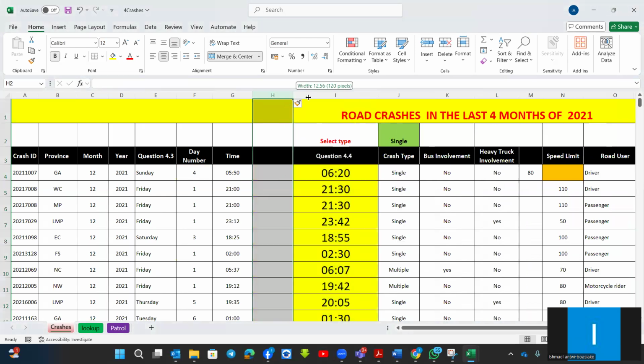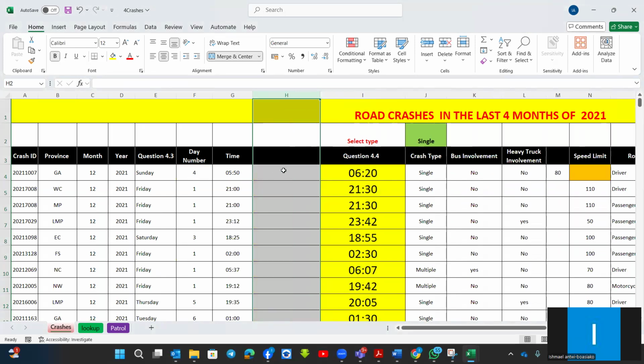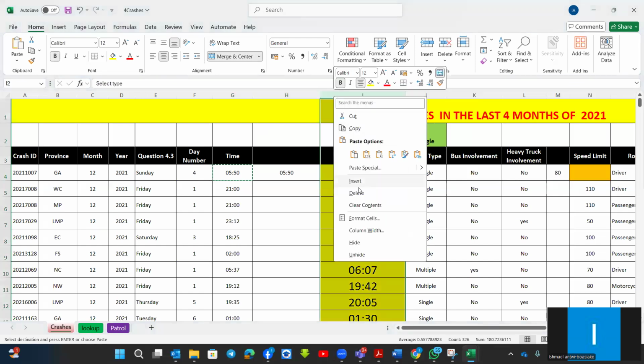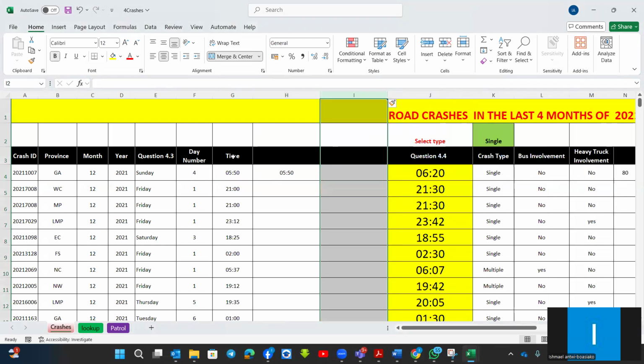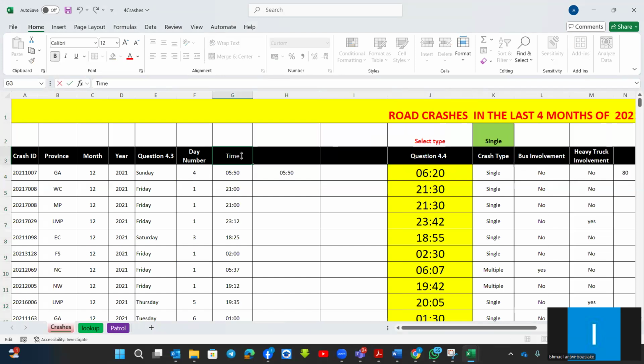Now, what if you are given a time and asked to calculate the number of hours? Let's say we have another time. We have the arrival time, the time in, and then the time out.